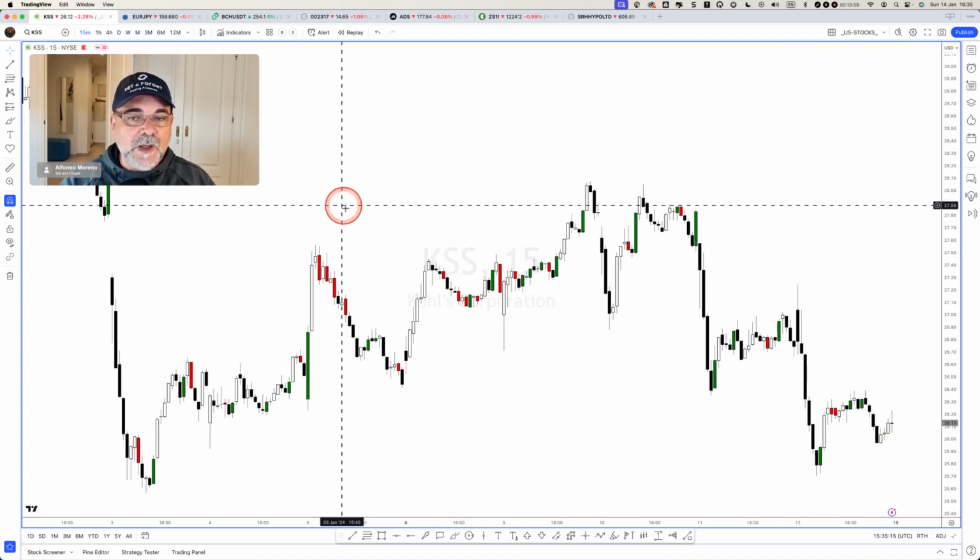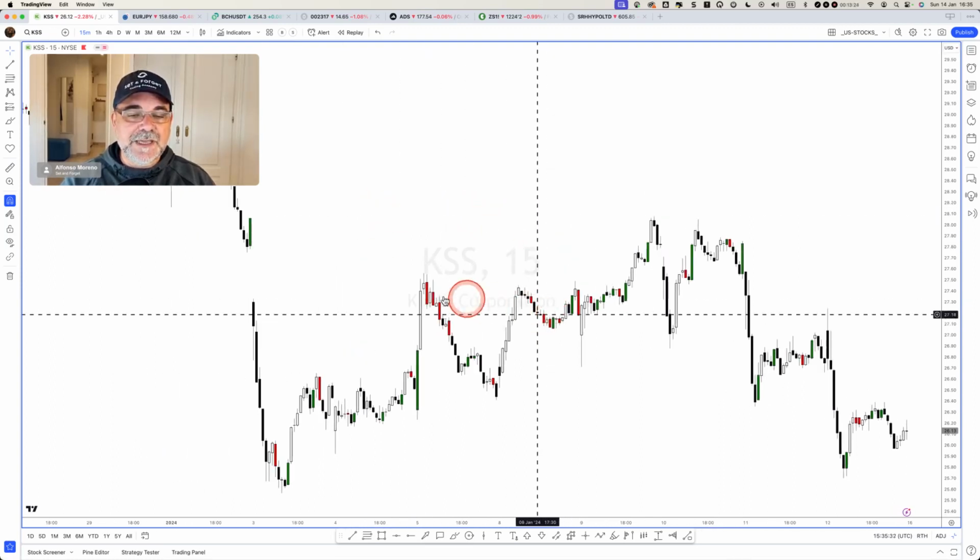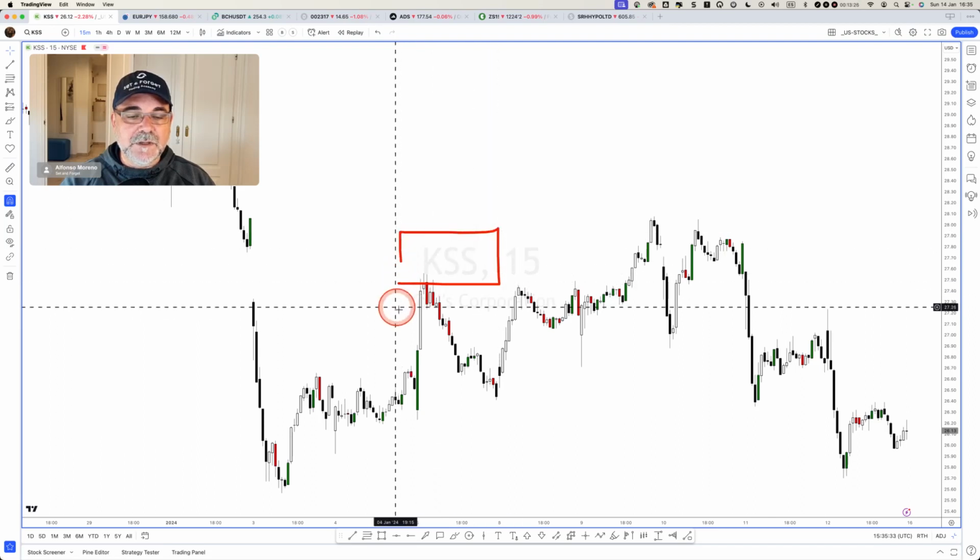And remember that one single time frame is not enough to make a trading decision. You need to use several time frames to create a wave of probabilities and to support a particular direction for the stock. In this case, for KSS, Kohl's Corporation.